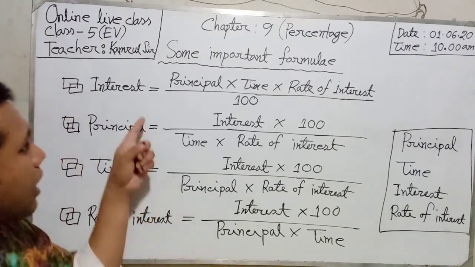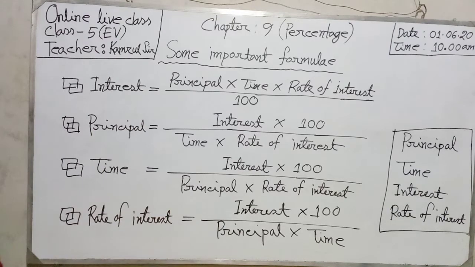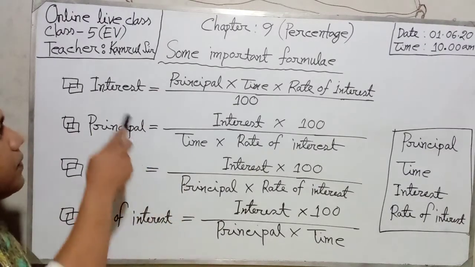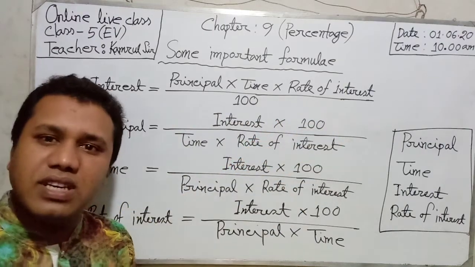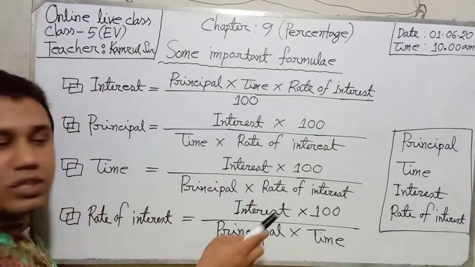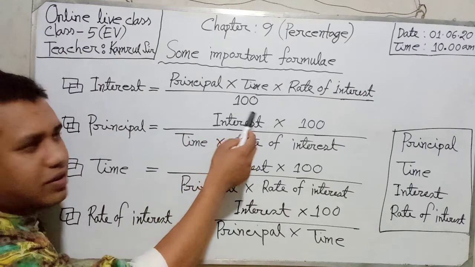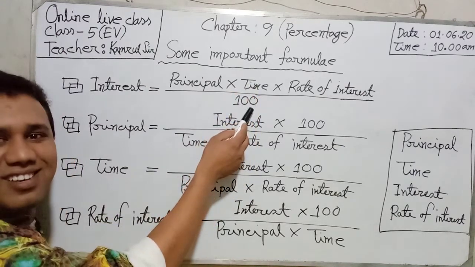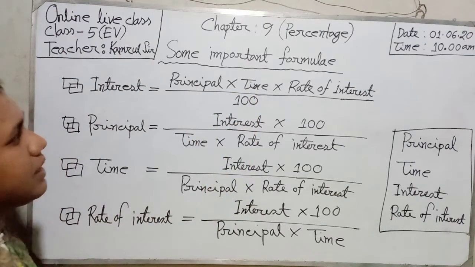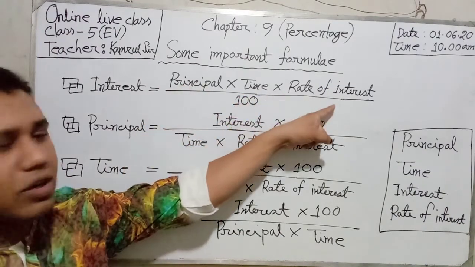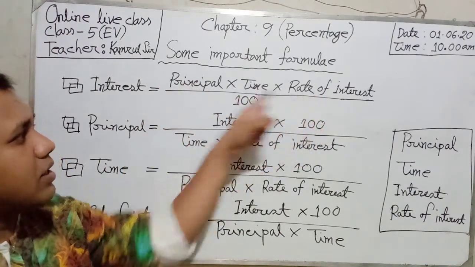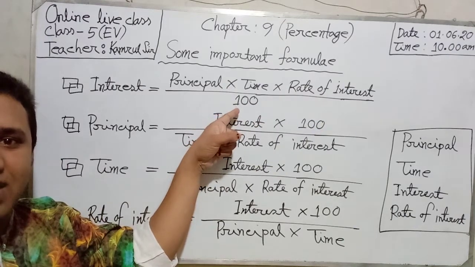Clear? Now if we memorize with understanding, just look: interest equals principal into time into rate of interest divided by 100. Dear students, this is like a fraction, with a numerator and a denominator. I have written the numerator as principal into time into rate of interest, these 3 terms, and the denominator as 100.